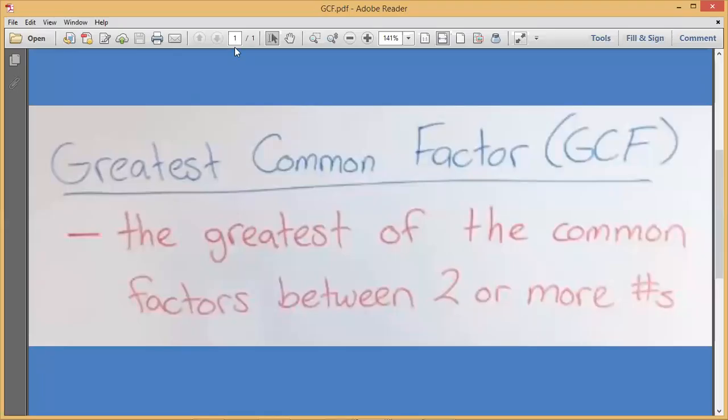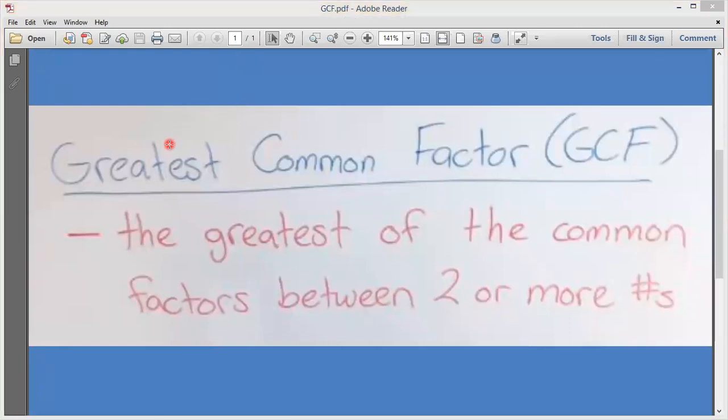Greatest common factor is the greatest of the common factors between two or more numbers. That's all it is. You just have to find the common factors, and whichever one is the greatest, that's your GCF. And that's all there is to that.